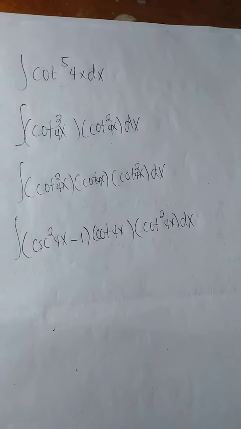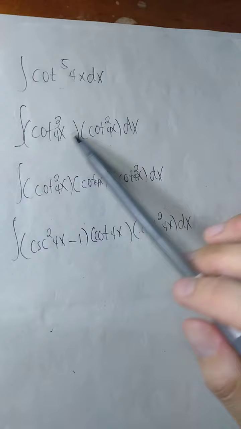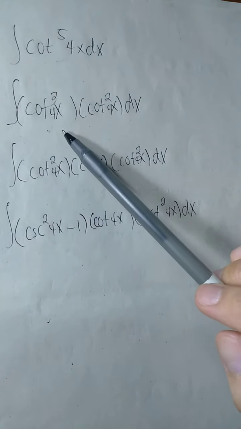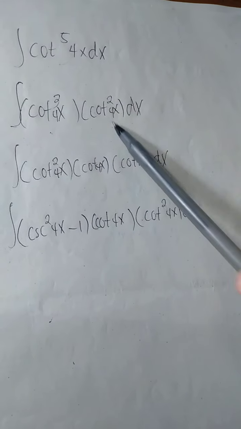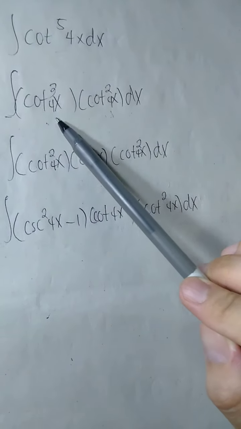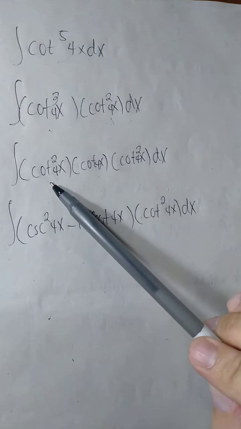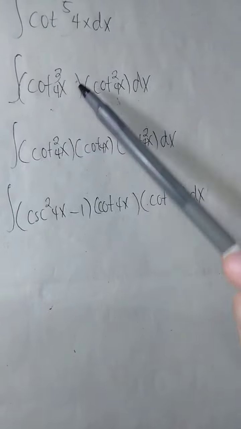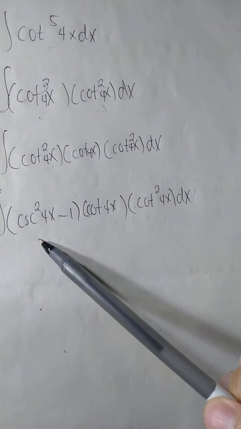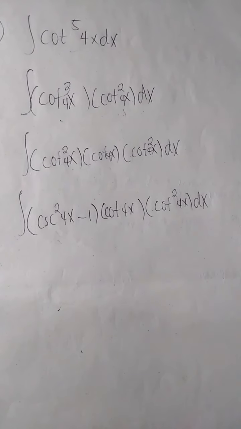So nakikita niyo guys. Una, nag-factor out tayo ng cotangent squared 4x dun sa original function, so yung cotangent cube. Hindi pa tayo pwede mag-substitute ngayon kasi hindi tayo pwede mag-substitute dito ng cosecant squared 4x. Dapat dito. So that's why nag-remove pa tayo ng isang cotangent. So lumabas na ngayon yung cotangent squared 4x dito sa left side. Then dito we substitute yung ating transformation ng cosecant squared 4x minus 1. Then what's next?